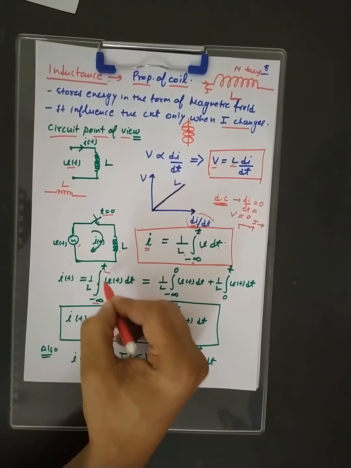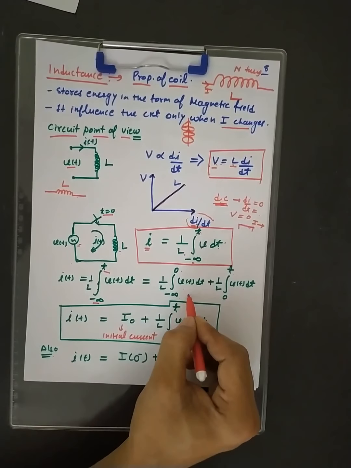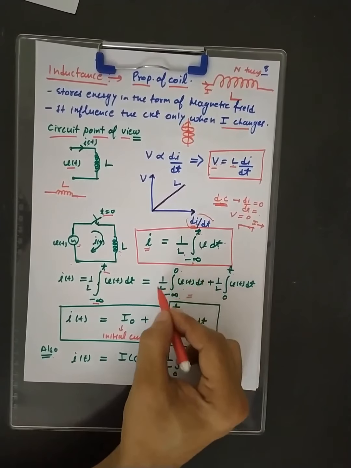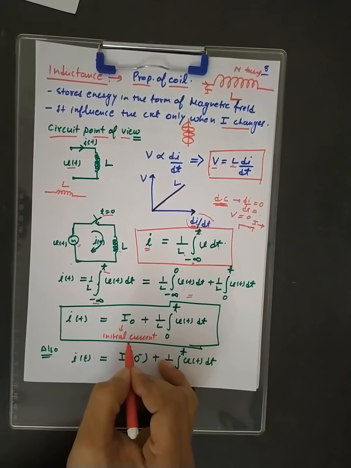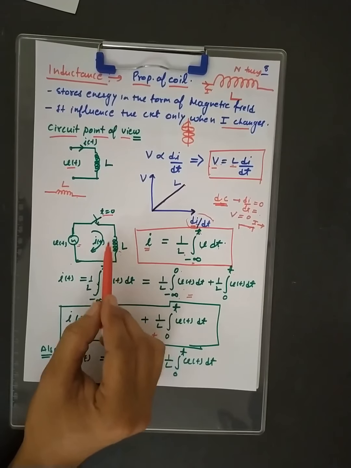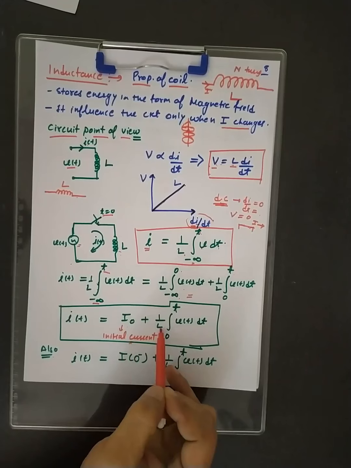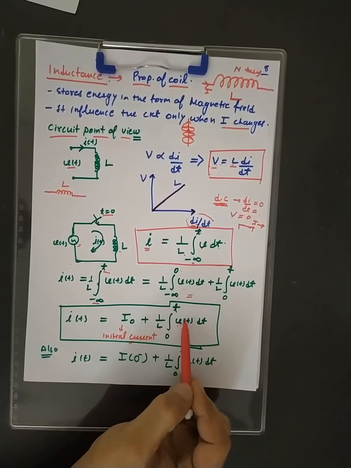So I am breaking this limit into minus infinity to 0 and 0 to t. The first component in this current equation is known as the initial current. Whatever energy it already has, the current flowing due to that is known as the initial current, plus the integral from 0 to t as it is.